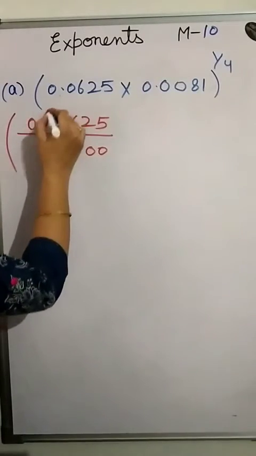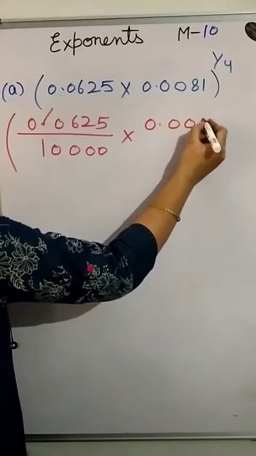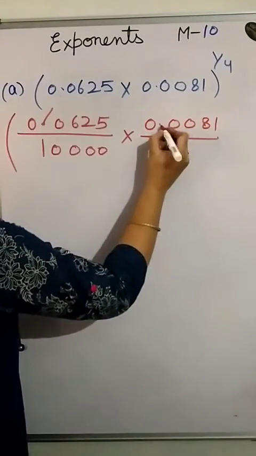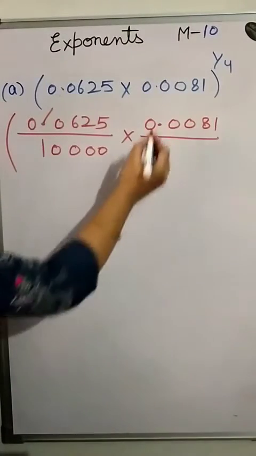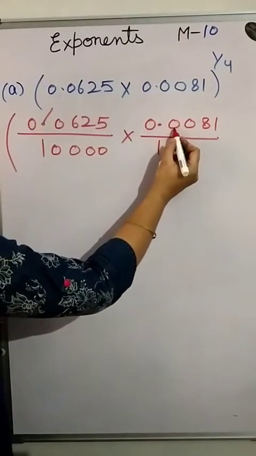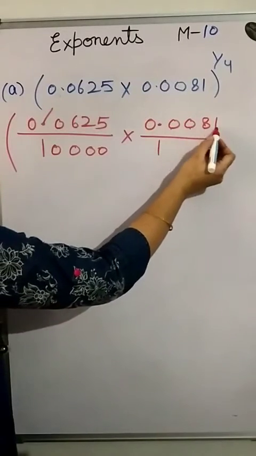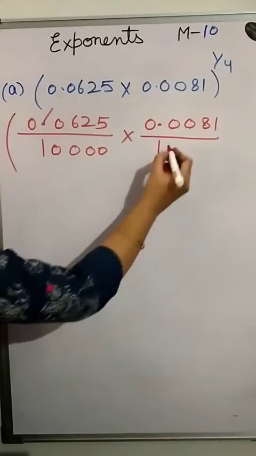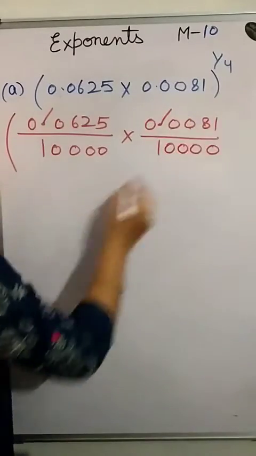So the same thing we apply here also. Write down 1 just below the decimal, and count the numbers after the decimal. 1, 2, 3, 4. 4 numbers are there, so we put 4 zeros here, and we remove the decimal.